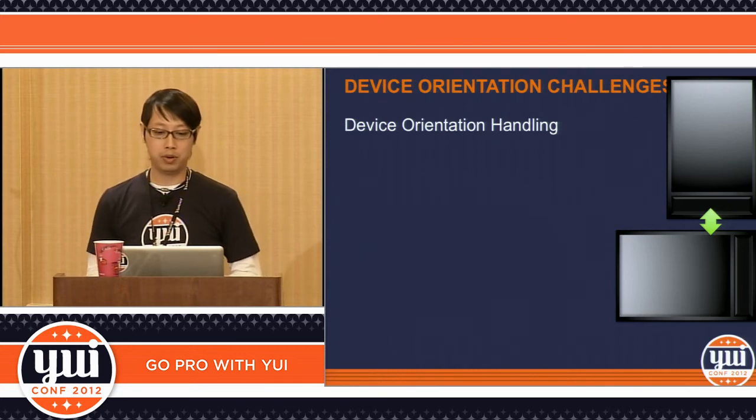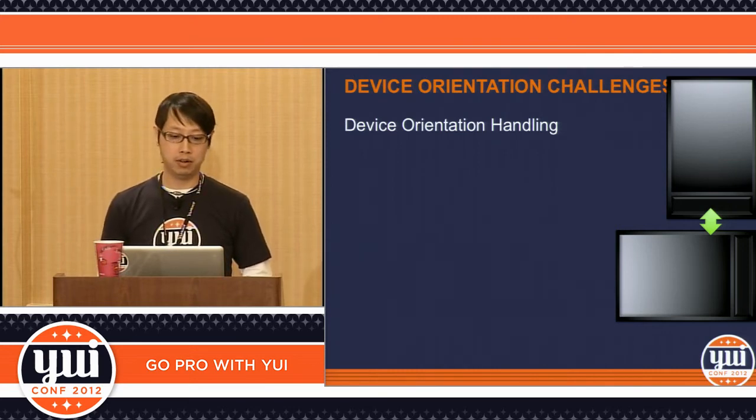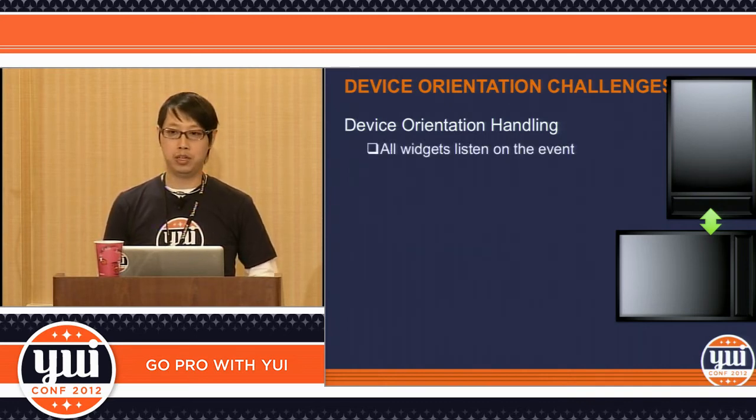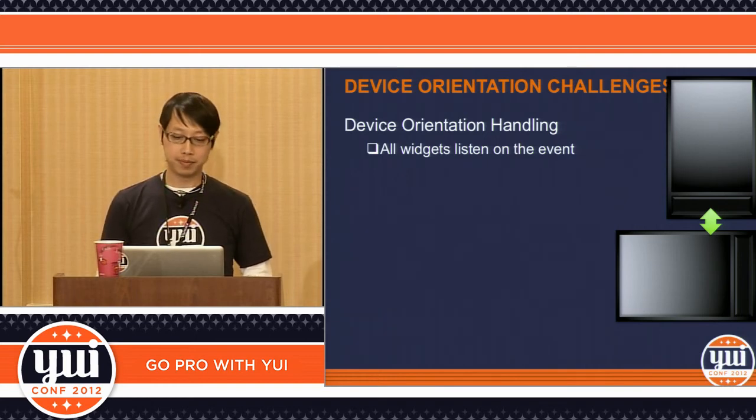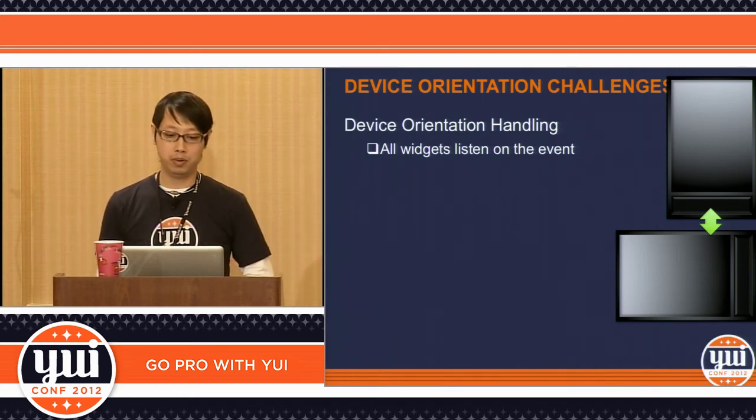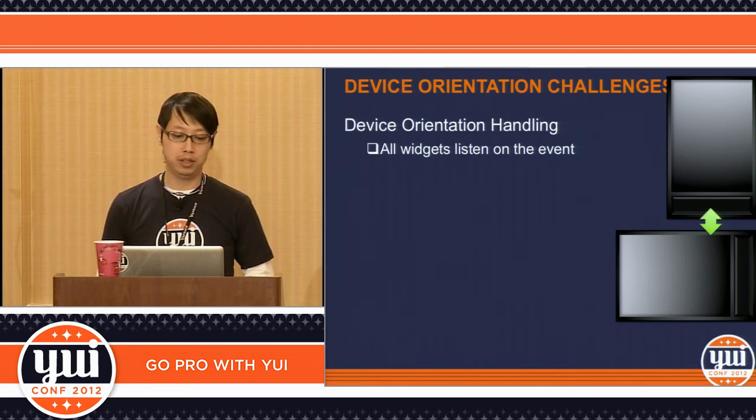As I mentioned, when the user changes device orientation, we need to handle many widgets. For example, page and shortcut, we need to change the size of the widget or change the position. Maybe we can handle it with this pattern.